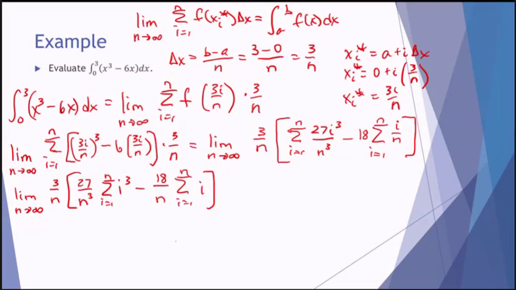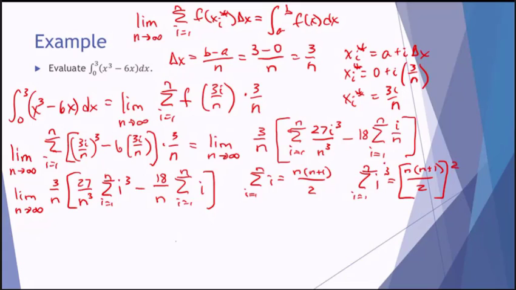Okay, so now we can replace the sum of i cubed and the sum of i. They both have replacements. Recall that the sum of i is going to be n times n plus 1 over 2, and that the sum of i cubed is n times n plus 1 over 2, the entire quantity squared. So those are my replacements. So this will become the limit as n approaches infinity.